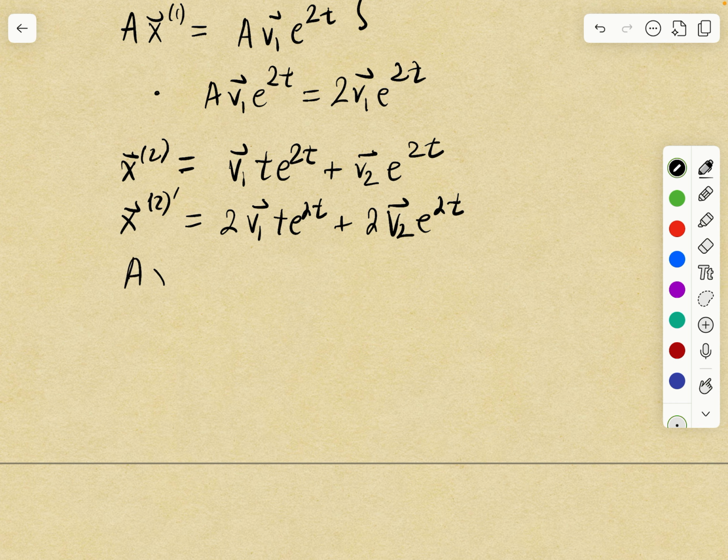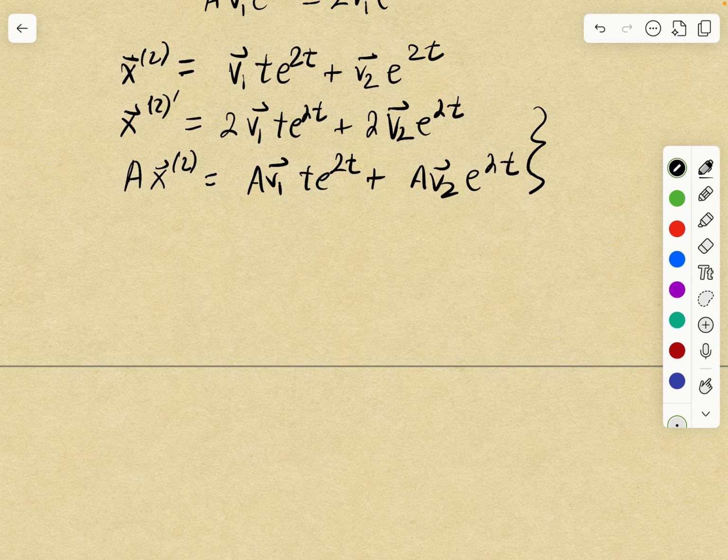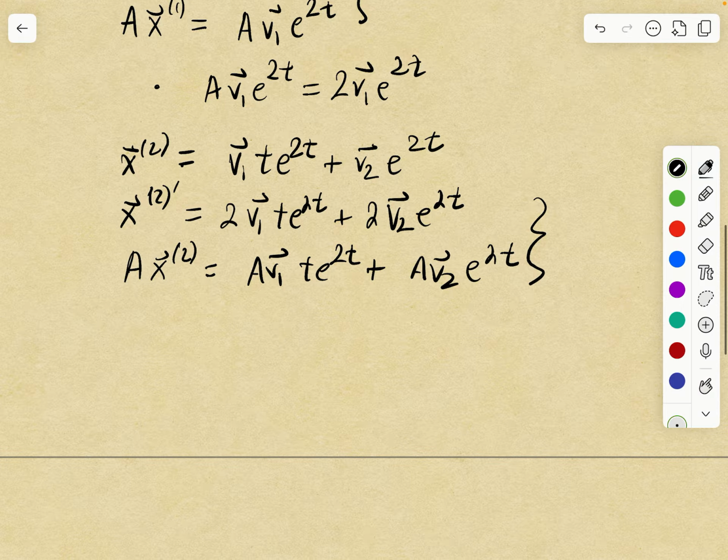And Ax2, using linearity, is A v1 t e^(2t) plus A v2 e^(2t). These two are the same because we want the differential equation to be true. And now if you match up the terms, hold on, let me make sure I wrote this correctly.